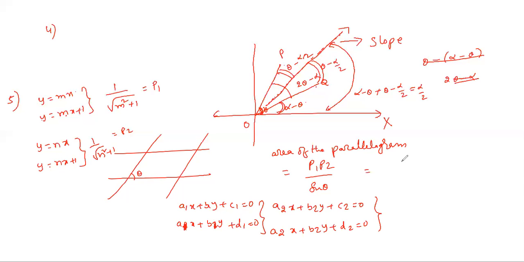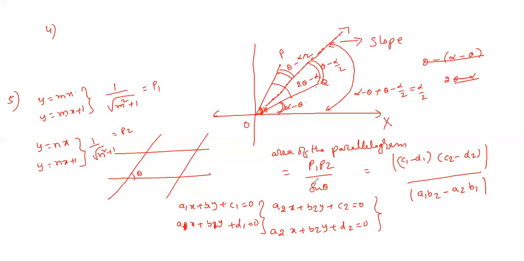Area of this parallelogram is nothing but modulus of (c1 minus d1) into (c2 minus d2) by modulus of (a1 b2 minus a2 b1). Directly you can use this formula, because you will get the same formula from the sin theta formula. We have written it in straight lines: tan theta, cos theta, sin theta between the two general equations a1x plus b1y plus c1 equal to 0, a2x plus b2y plus c2 equal to 0.